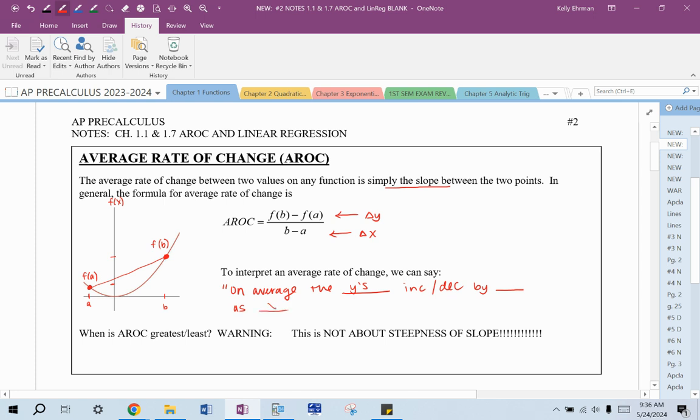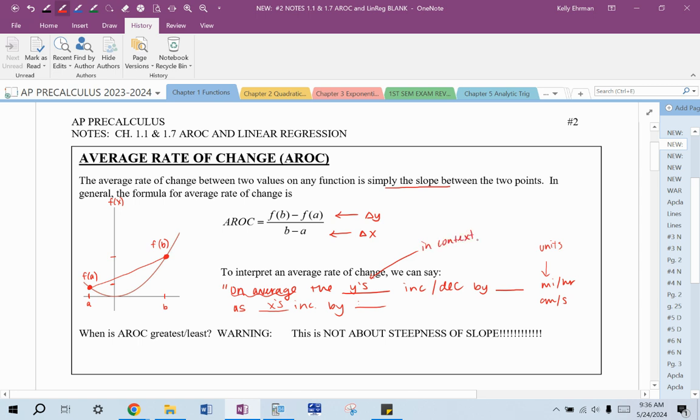Or you could use units here. You could say miles per hour or centimeters per second or something like that. So then you wouldn't have to use the as x increases by. But basically, the important part is that we have on average, and then we have y's and x's in context.